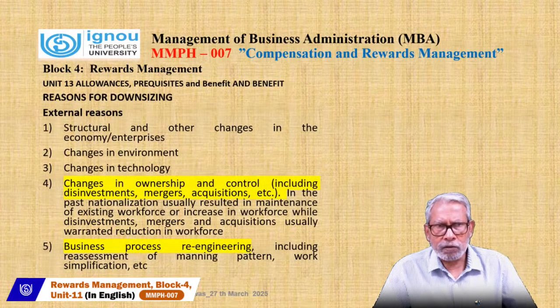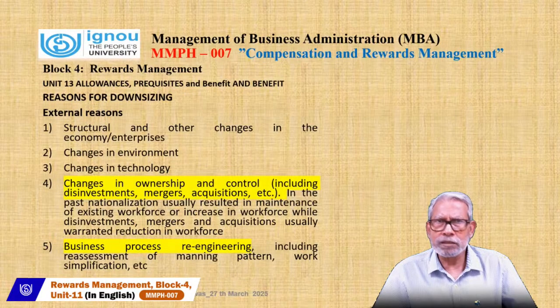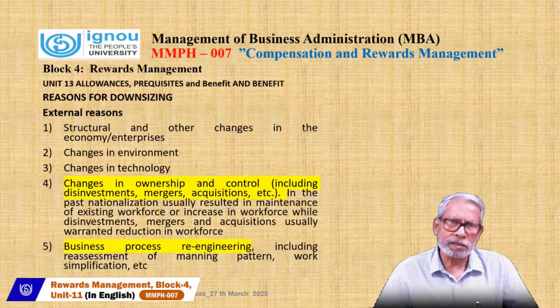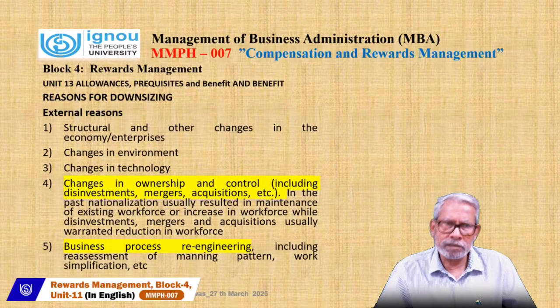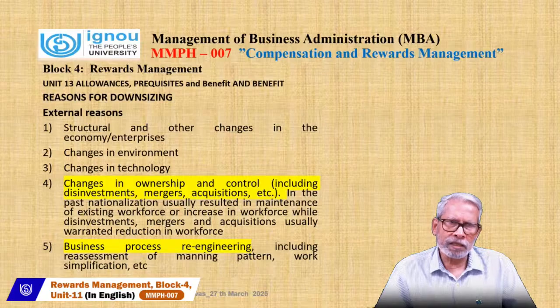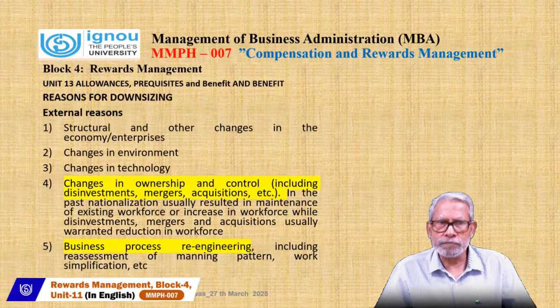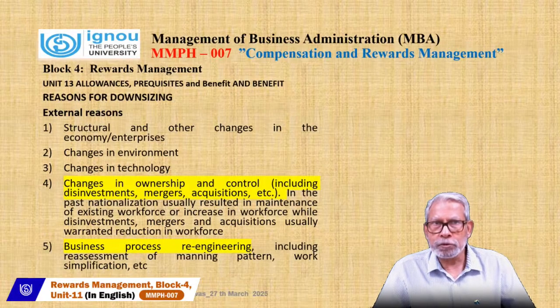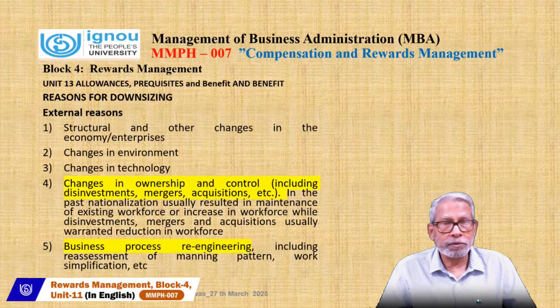Now, what are the reasons why downsizing is required? First, structural changes in the economy and the enterprise environment. Then changes in technology, because of technical change and the adaptability or acceptance of the technology. Maybe the manpower is not required so much.